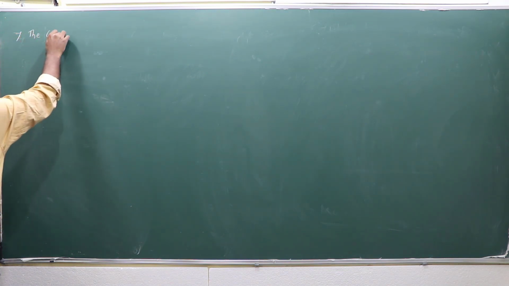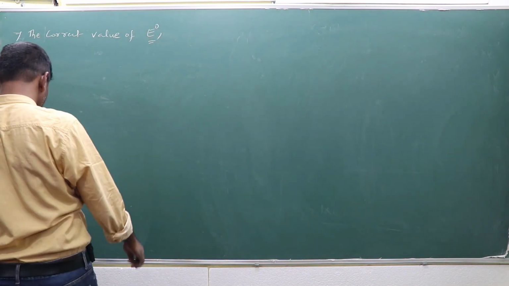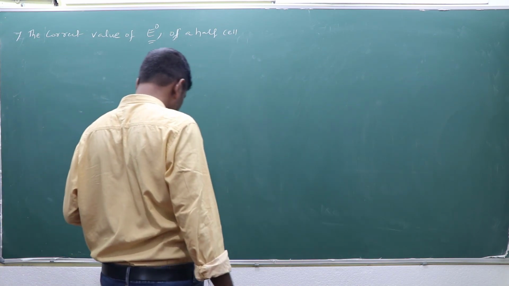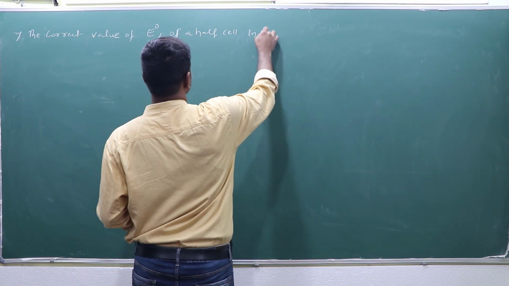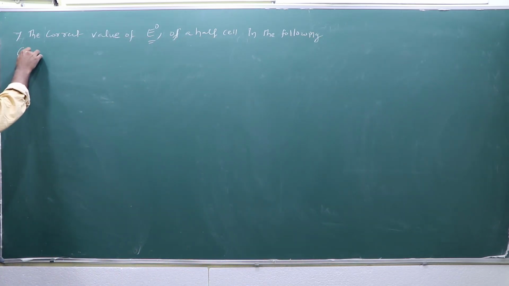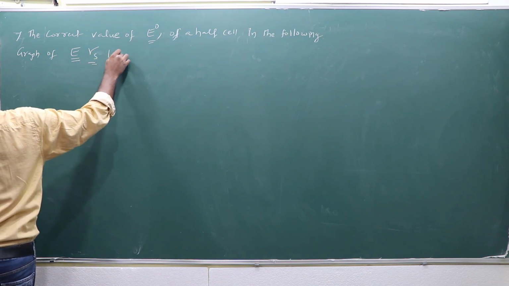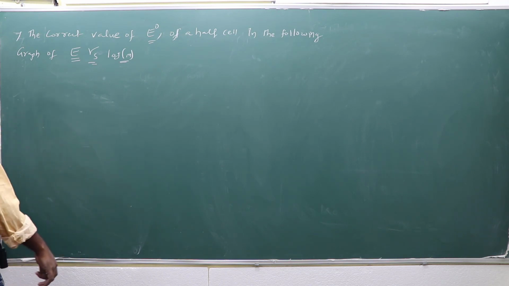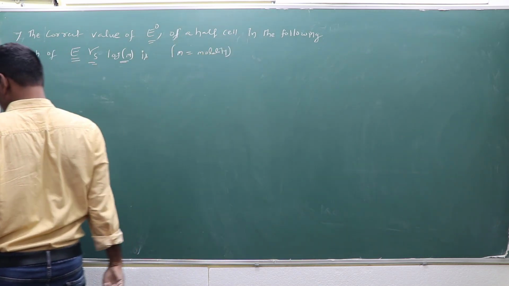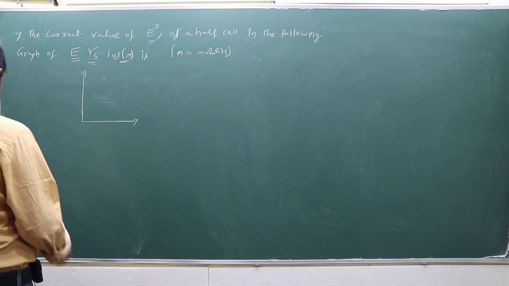The correct value of E naught of a half cell, in the following graph of E versus log M, where M is the molality. The graph is given.